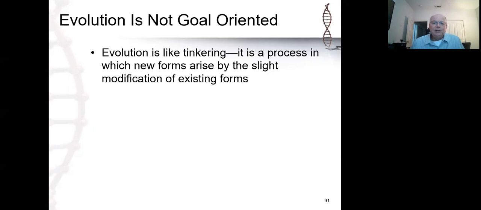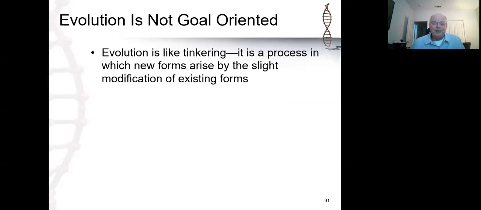But organisms that have features that are not successful or not favored, well, they become extinct because the tinkering that led to their changes does not lead to their success. It leads to their failure. So all evolution can do is modify what exists. It rarely, if ever, comes up with something that is brand new. It's all about modifying what exists.